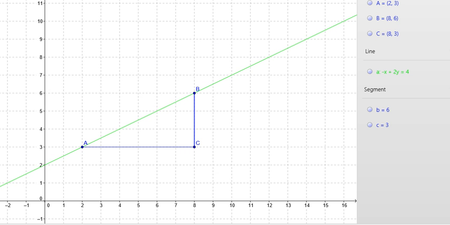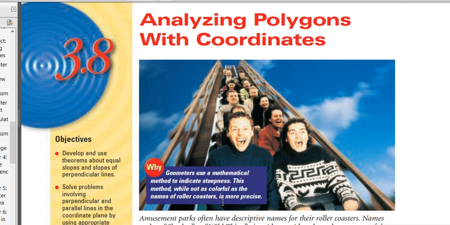Slope is defined as rise over run. What that means is the change in y over the change in x, or another way of saying that is how far does it go up or down over how far does it go right or left.